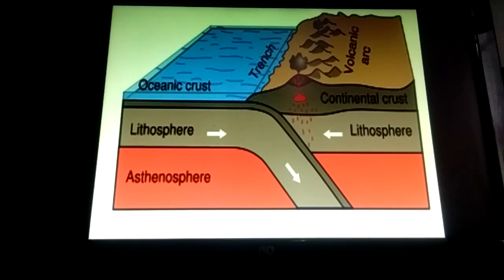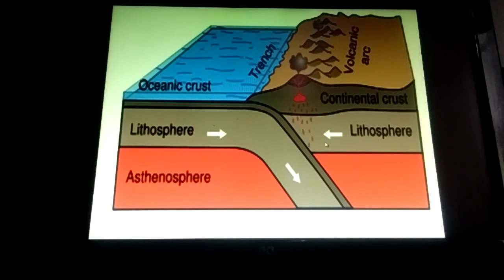The lithosphere is broken into a number of plates known as lithospheric plates.